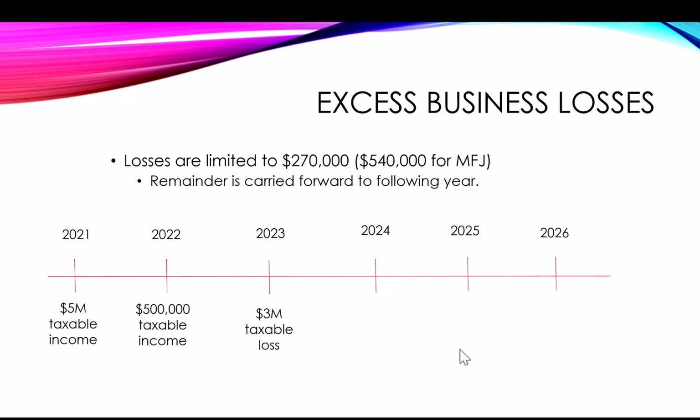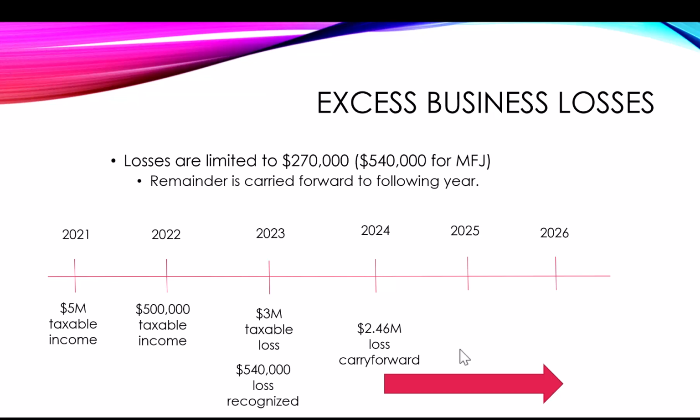The excess business loss rules require that the taxpayer limit the loss recognized in 2023 to $540,000. The remaining $2.46 million worth of loss will be carried forward to offset any positive taxable income that is generated in future years, and each year that the loss continues to exceed the taxable income, they will go ahead and take another $540,000 worth of loss.